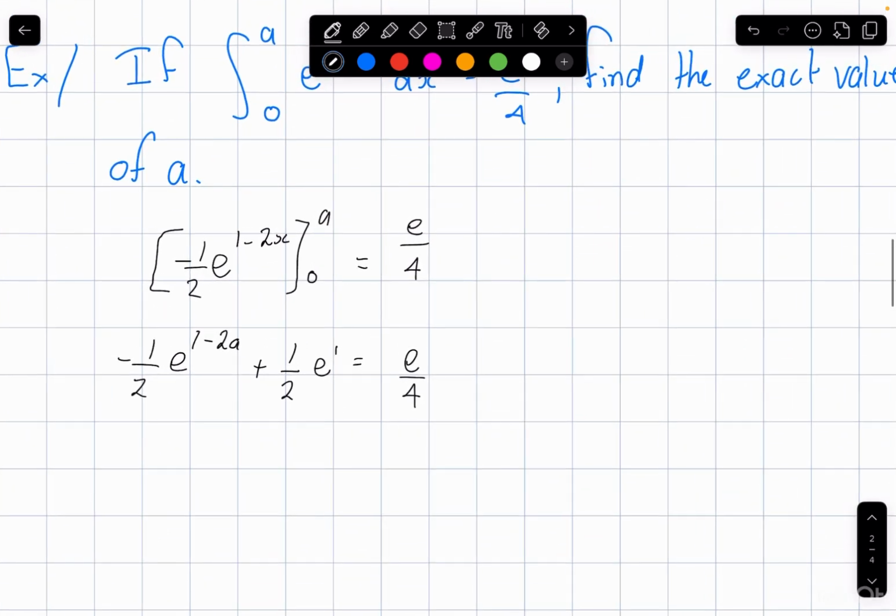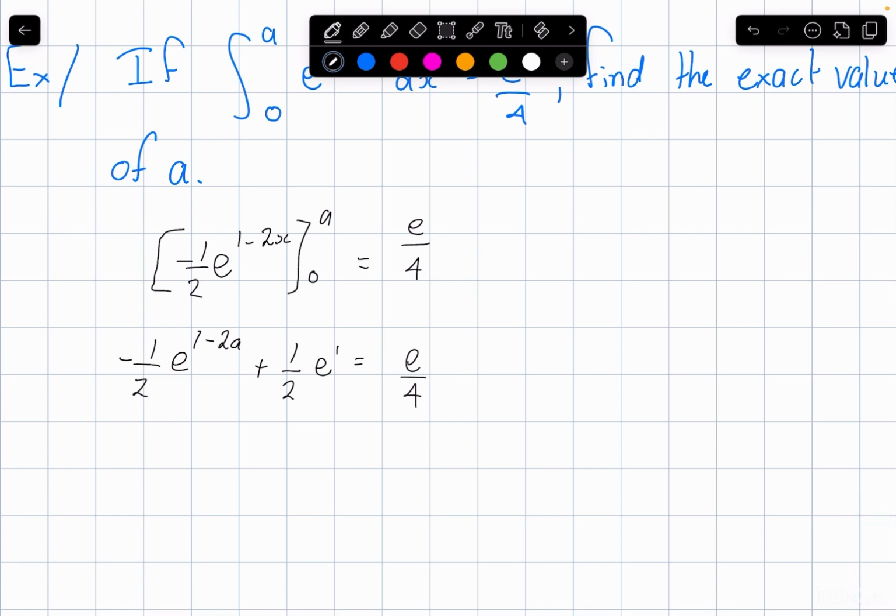So let's now start manipulating this expression so we can get a by itself. So the first thing I'm going to do is times by negative 2, to get that off the bottom.